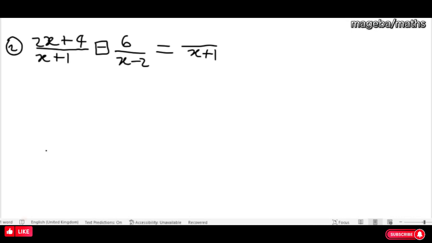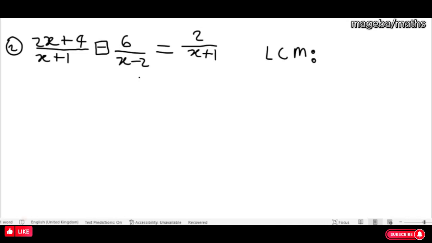Now we have this equation where it's a fraction. I need to solve for x with these fractions, and we have this negative sign in between these two fractions. Sorry, we have 2 here. So in these fractions, now we need to solve for x. With fractions, the first thing we need to do is take the LCM. Remember we have x plus 1 here, and we have x plus 1 here, and then we have this x minus 2.